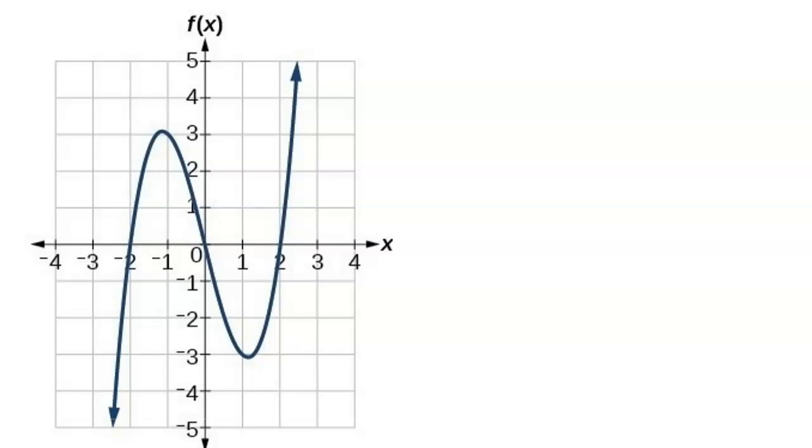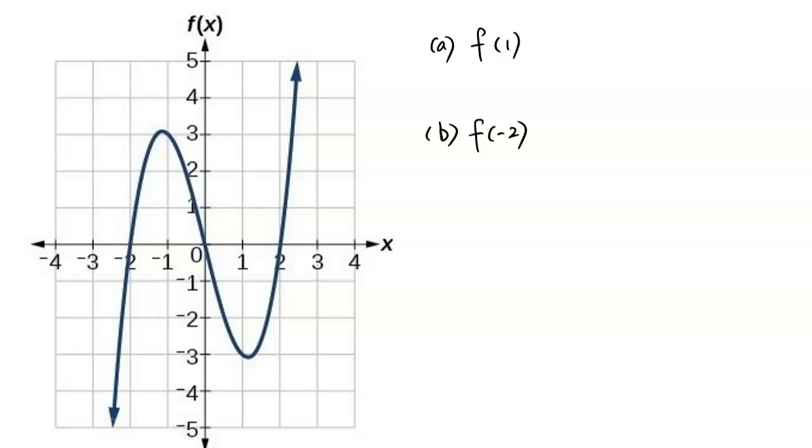What if what you're given is a graph like this, and I'm asking you, for example, what is f of 1 and what is f of negative 2? All right, so f of 1 is asking you for the y value when x is equal to 1.